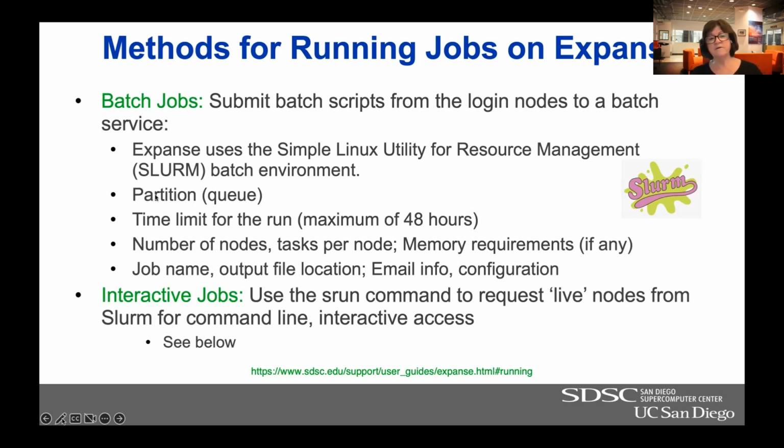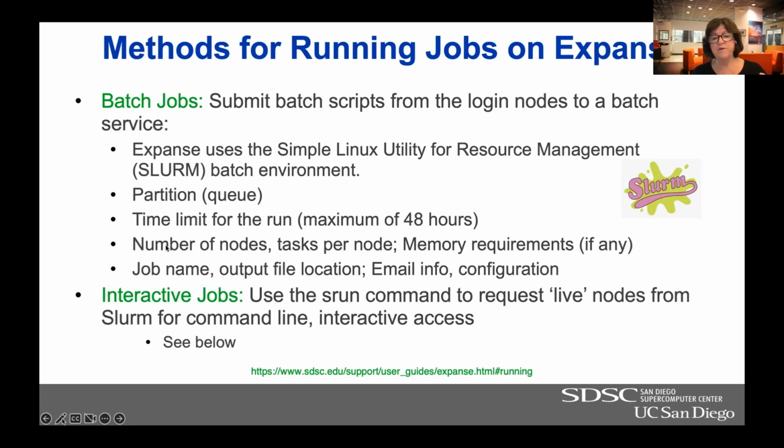So the system, all those thousands of nodes that we've got, get broken up into different virtual partitions that are managed by the queuing system, and then there's a time limit for the run on the system, a maximum of 48 hours. If you need more, work with the support staff to find out whether they can arrange that. Most likely they can, or whether you need to be moving to a bigger system.